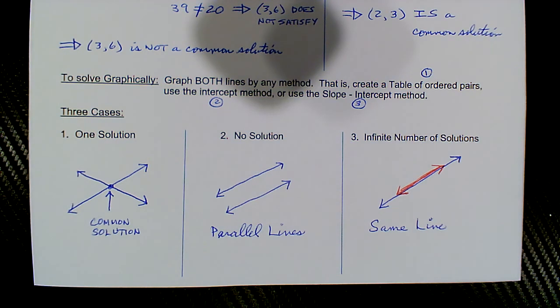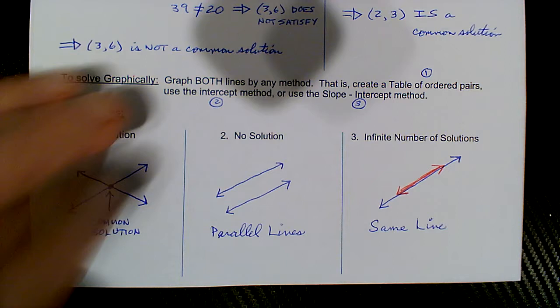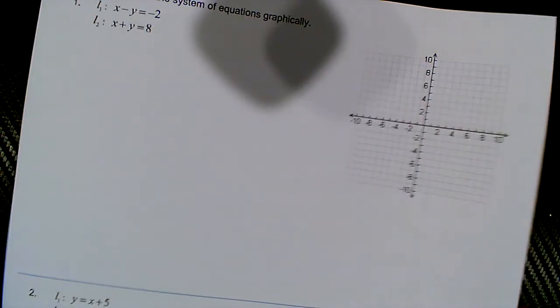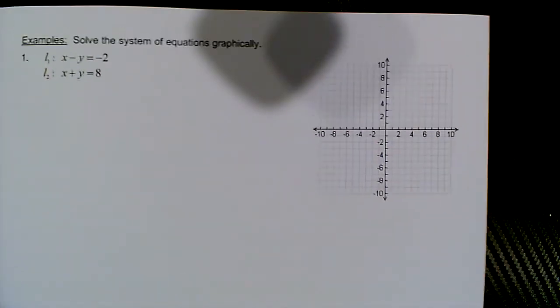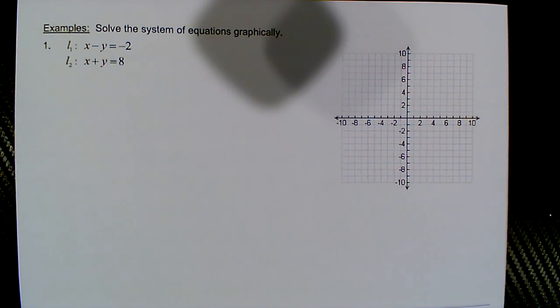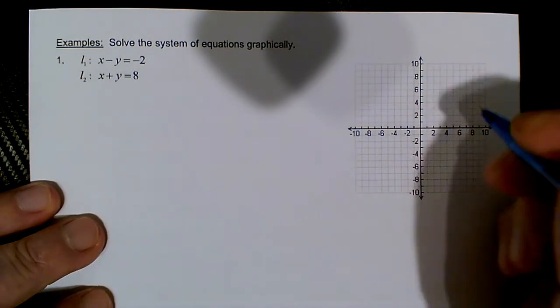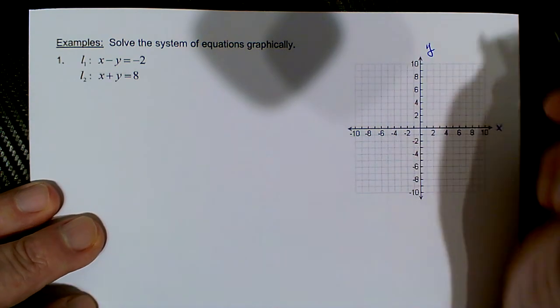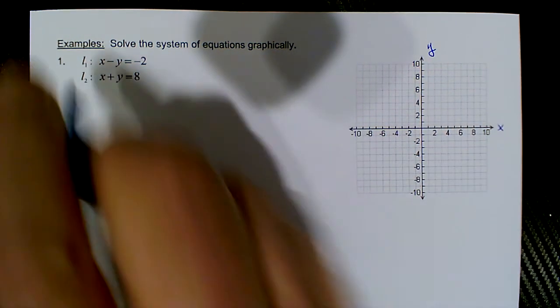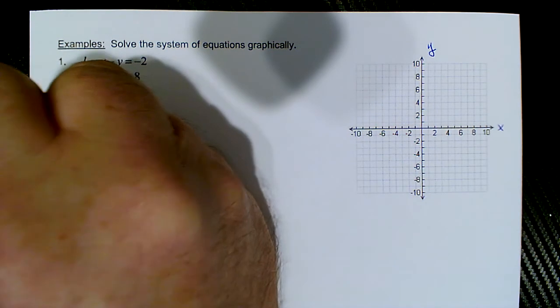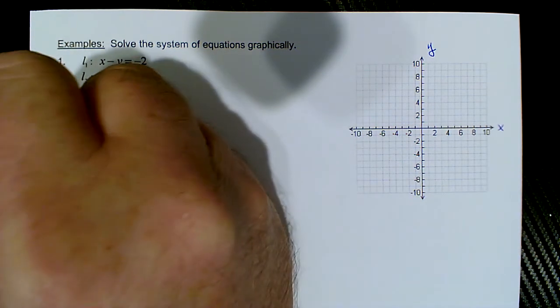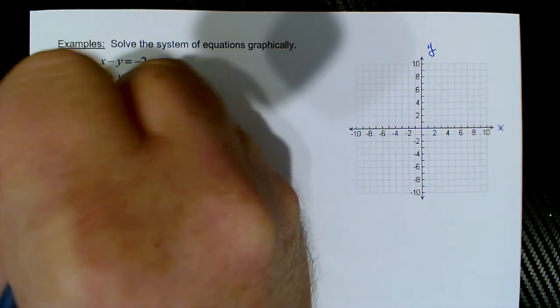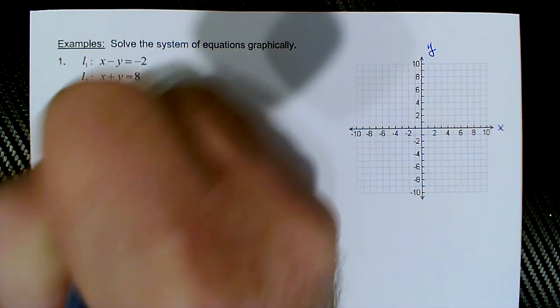Now, as we go through solving these, we're obviously going to be seeing the graphs, so we'll be able to determine what situation we have. The classic situation, of course, would be one solution. I'll label my axes here. Consider graphing L1. I'll recopy x minus y equals -2.